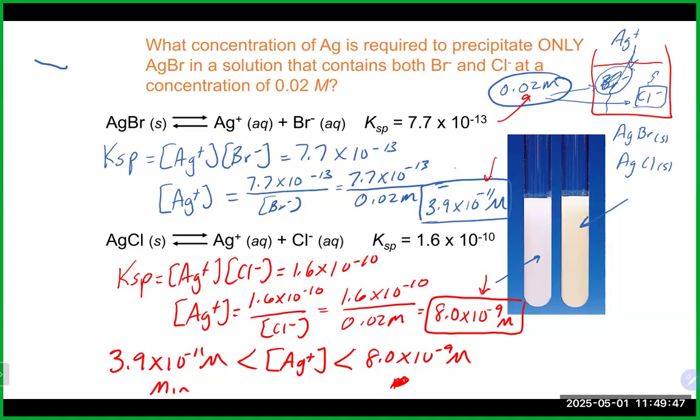At some point, you may stop seeing solid come out. Maybe you precipitated most of it out. At that point, once you've got all the bromide separated out, you could centrifuge it, pour off the liquid, and then increase your silver concentration to 8 times 10 to the minus 9 or higher.